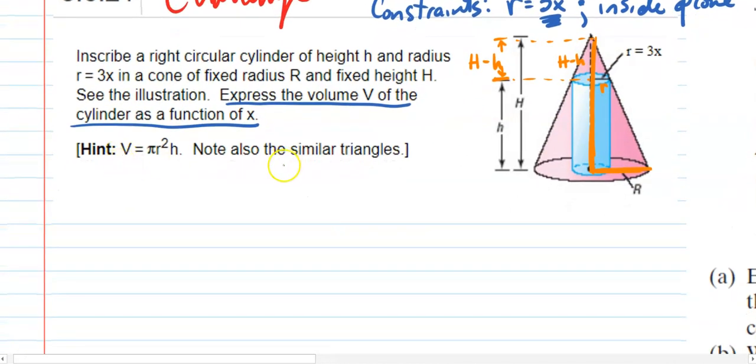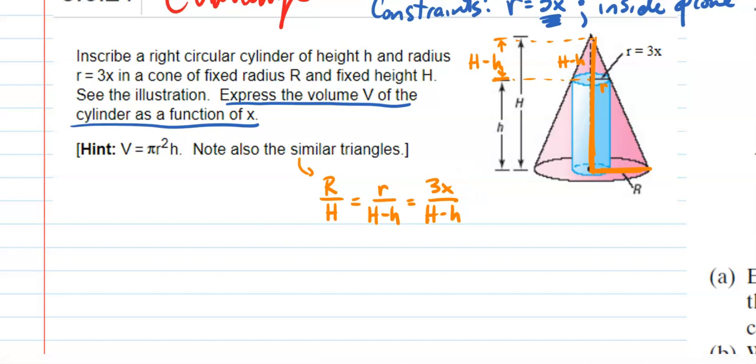So this hint about the similar triangles is enough to tell us that while R over H, that ratio, is equal to lowercase r over H minus h, we also recognize that lowercase r is essentially the same as 3x over H minus h.